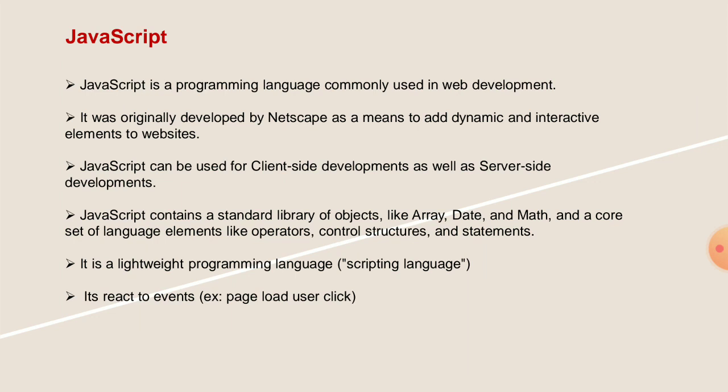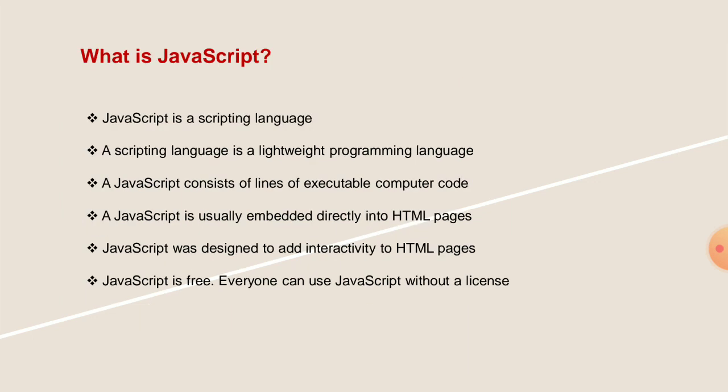JavaScript can be used for client-side development as well as server-side development. It contains a standard library like arrays, dates, math and a core set of language features. It is a lightweight programming language. It is a scripting language, and it reacts to events like page load and clicks.